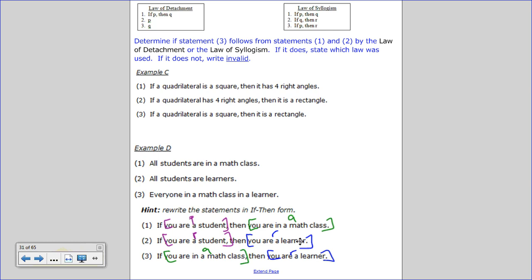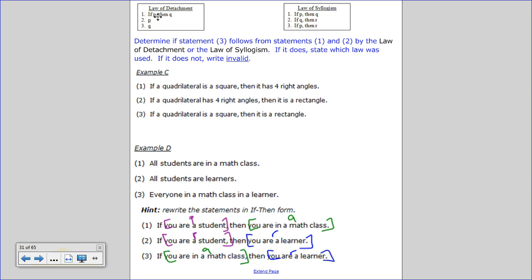So the first statement is if P then Q, which follows the protocol for both law of detachment and law of syllogism. Then the second statement says if P then R. When I go back up to the top of my previous slide, I did not see P then R on any second statement.